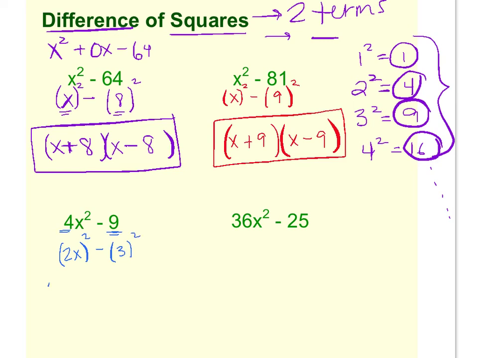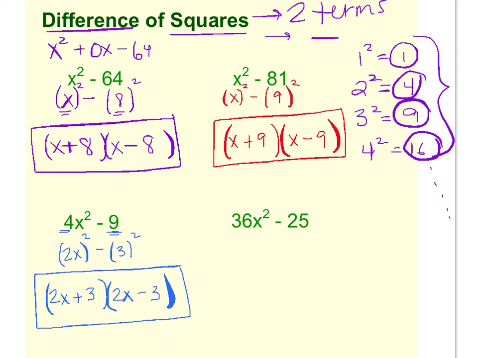So it's the 2x and the 3 that are going to go into our factored answer. We're going to have 2x plus 3 and then 2x minus 3. And that is our final answer for that one. So again, really nice. They go quickly. We just have to remember how it works.